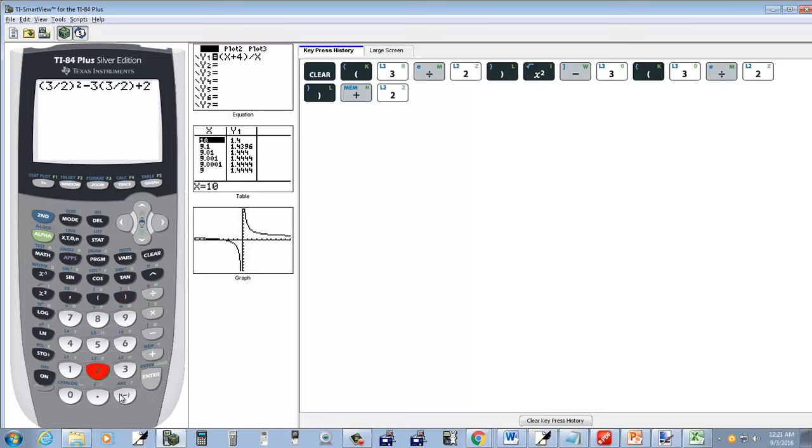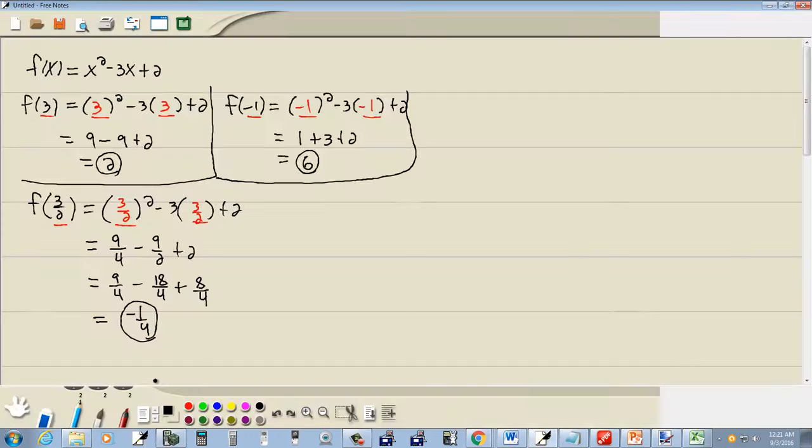So I'm typing it exactly as I see it. And then I press enter. Now we'll get a decimal, and to go from decimal to fraction on a TI-83, TI-84, you do math, enter, enter. And that gives us our negative 1/4.